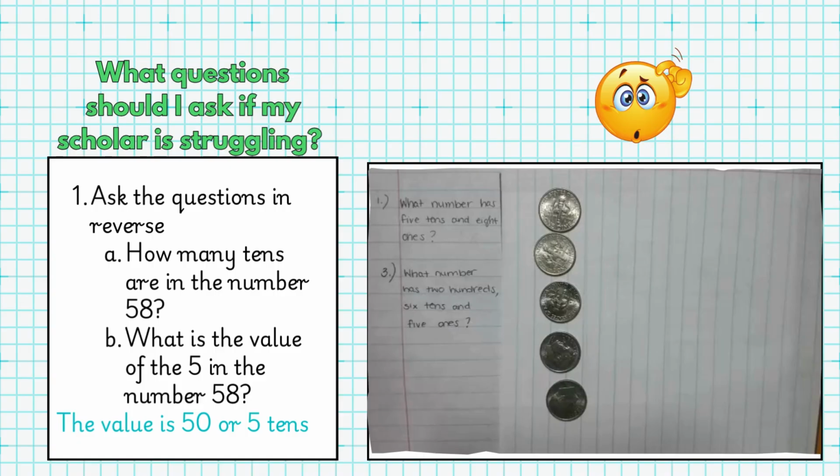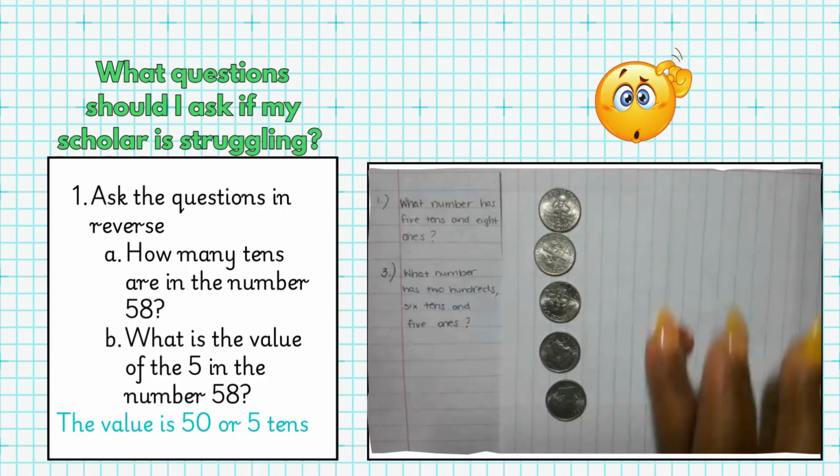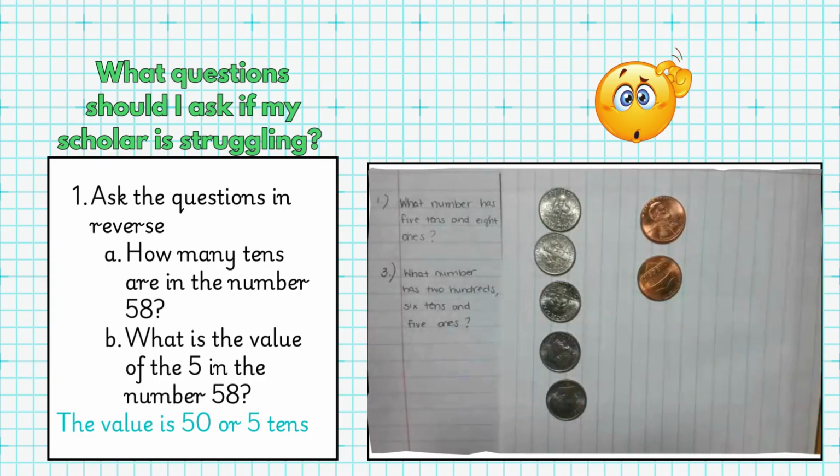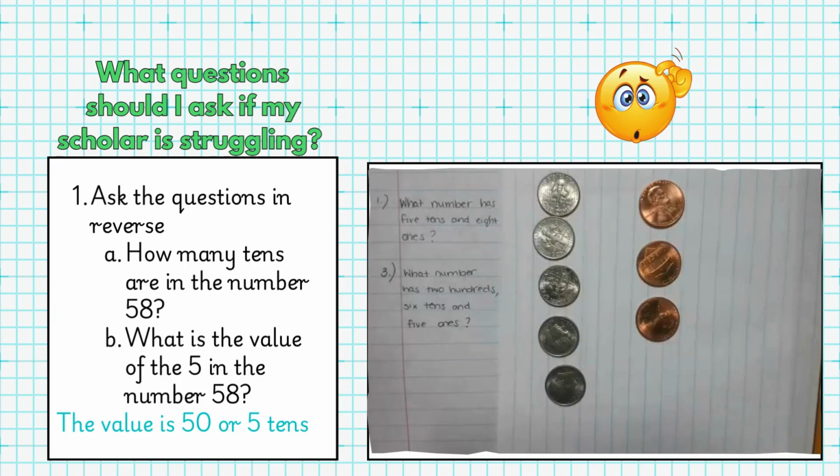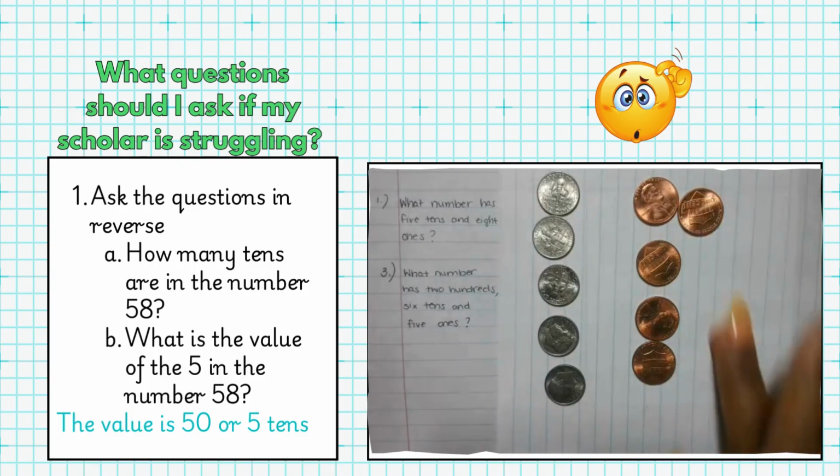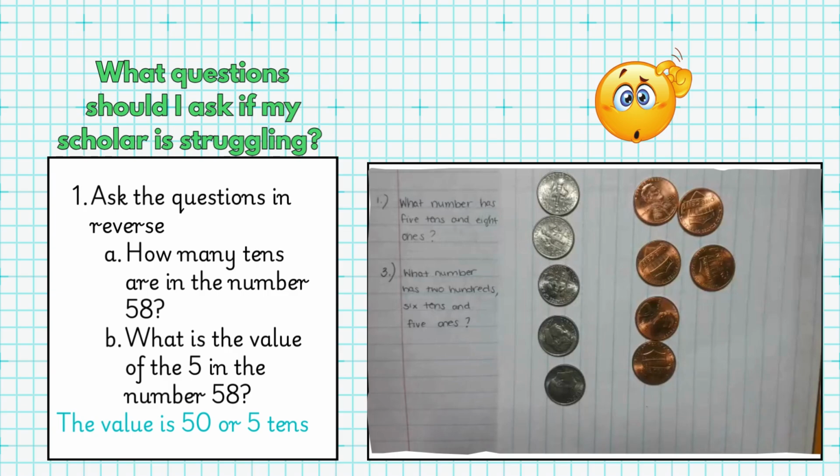To represent ones, I would use pennies. One, two, three, four, five, six, seven, eight. Okay, and this reiterates that concept that we have 5 tens or 50 cents and 8 ones, 8 cents.